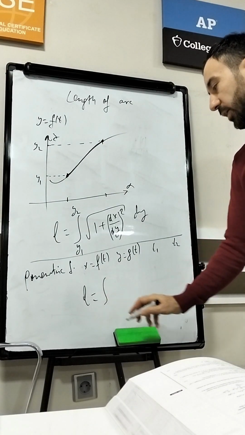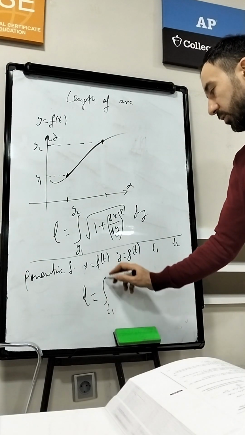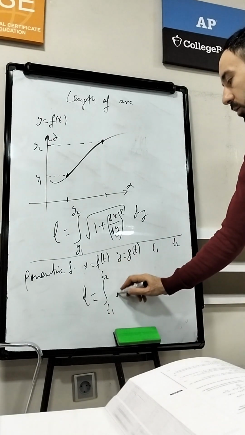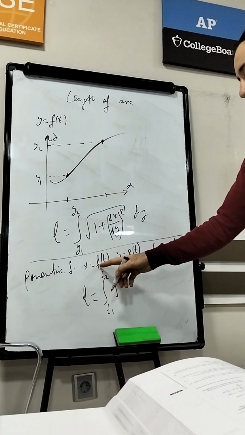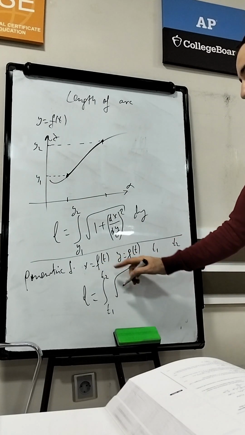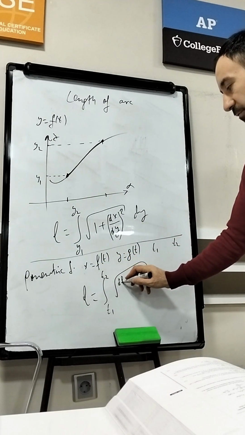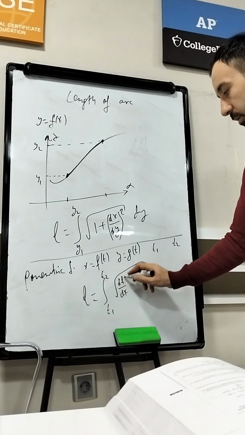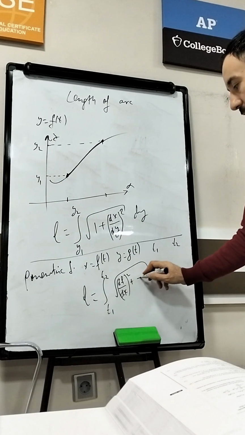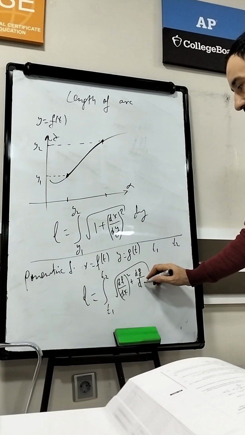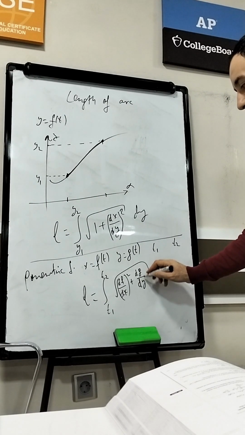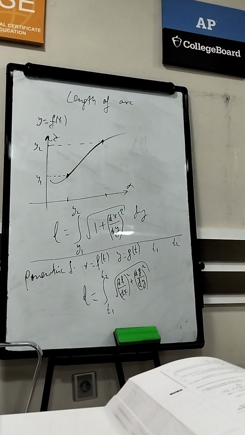Length is equal to the integration from t1 to t2 of the square root of (dx/dt) squared, the derivative of f(t), plus (dy/dt) squared, the derivative of g(t). That's it.